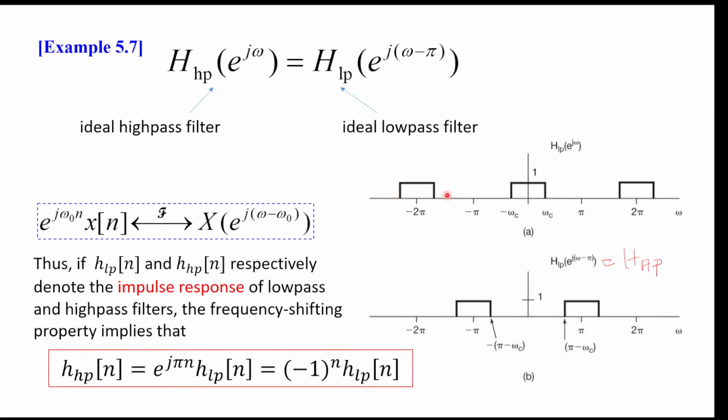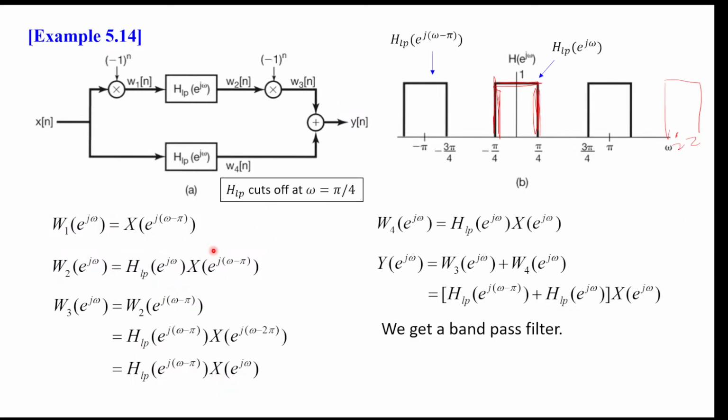It's this property. Although we are only applying this on filters, we say if you multiply your signal by (-1)^n, what happens is you shift the frequency by pi. So if you check this big W1 here, it will be the spectrum of your input shifted by pi.